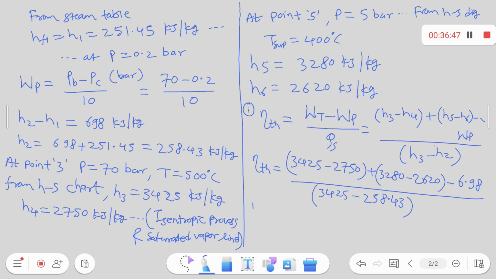From this, how much is the thermal efficiency? Multiply by 100, so you will get it in percentage.